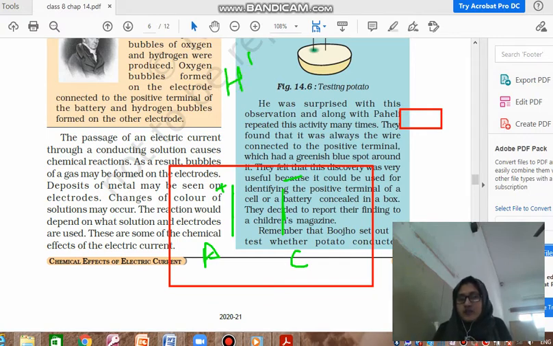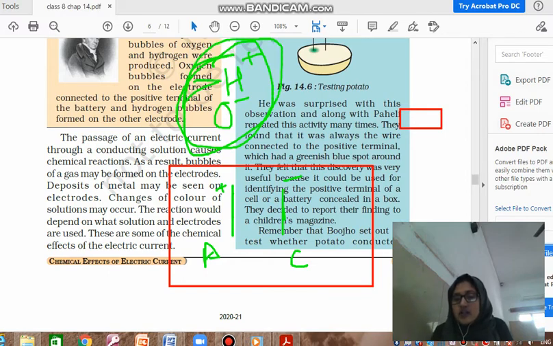Hydrogen will get a positive charge, that is H+, and oxygen will get a negative charge. When elements have got a certain charge, they are said to be ions. The charged elements are known as ions.